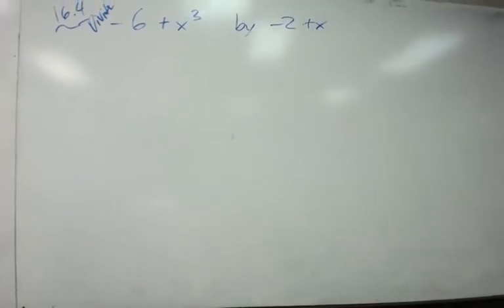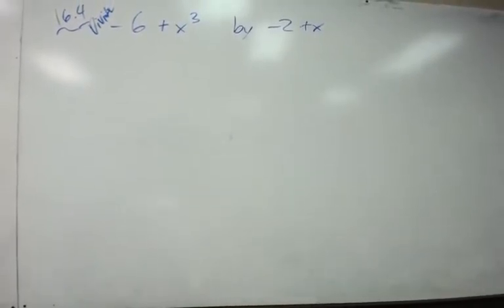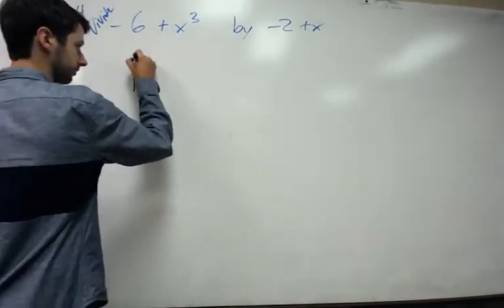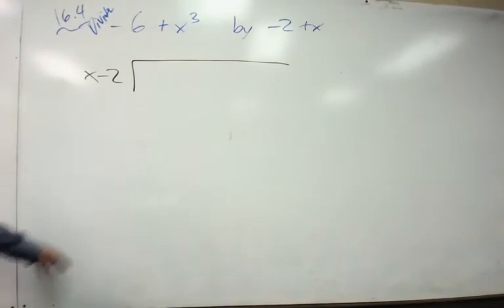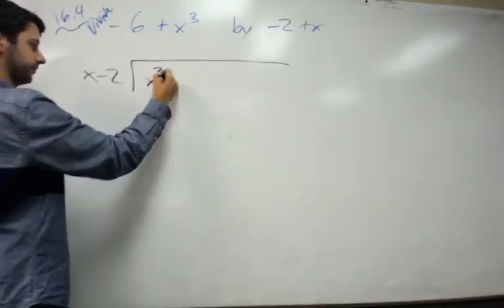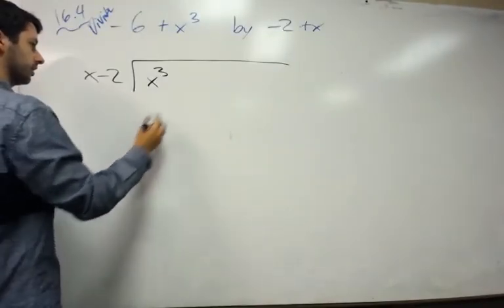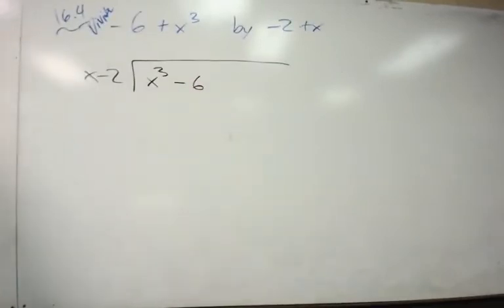But I'm going to show you one other thing that it will do when dividing polynomials. In example 16.4, it says divide negative 6 plus x cubed by negative 2 plus x. Well, what we do here, right, draw our long division, turn this into x minus 2, get the x first. X cubed is first. It will not work if you do this. We still have to go by the descending variable rule, all right, descending.